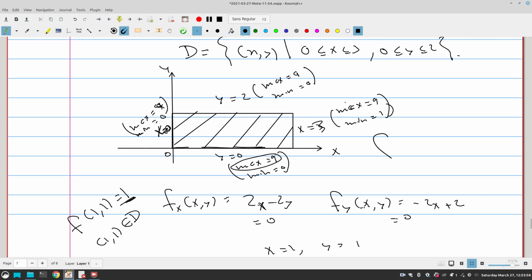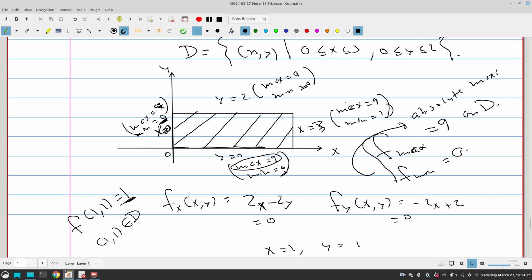So f max equals 9 on D. What is the minimum value that f can take on this domain? Well, it's 0, here and here and here. So f min equals 0. So these are the absolute maxima and minima of f on D, which is of course a subset of R2.